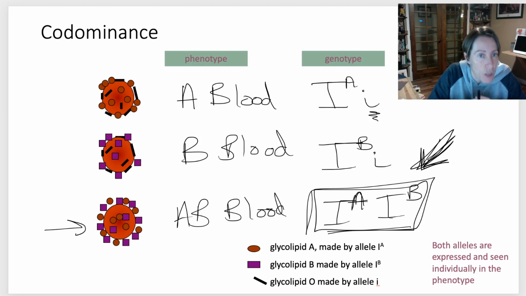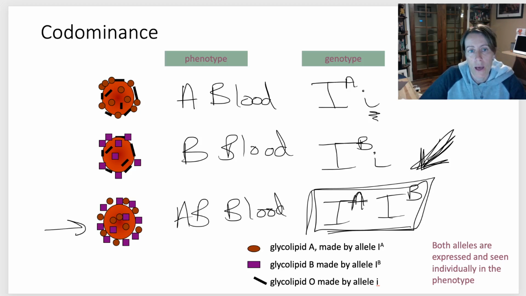But in codominance, there is no halfway between A and B. It's either A or B or A and B together. There's nothing blended here. There's both A totally present and B totally present. And that's why we call it codominance, and that's why it's slightly different to incomplete dominance. It's not blending. It's both at once, and you see them both.